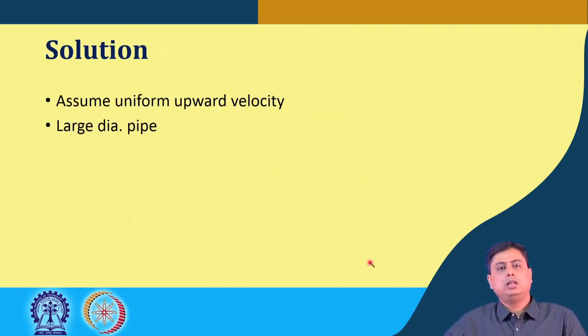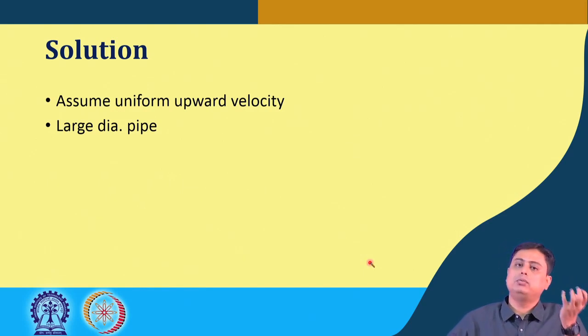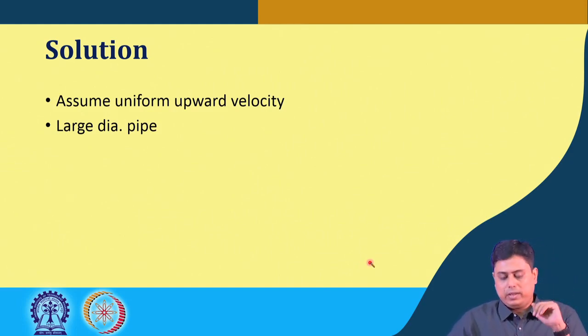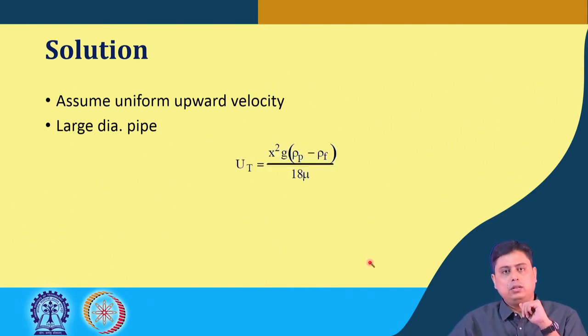So, we assume that there is uniform upward velocity, and the given information is the large diameter pipe, which means we do not require the wall correction factor in this case, because the problem says we have a large pipe diameter compared to the particle diameter. So, there is no influence of the solid boundaries on the terminal velocity. So, we can neglect this wall correction factor here. And we know this expression from Stokes law.